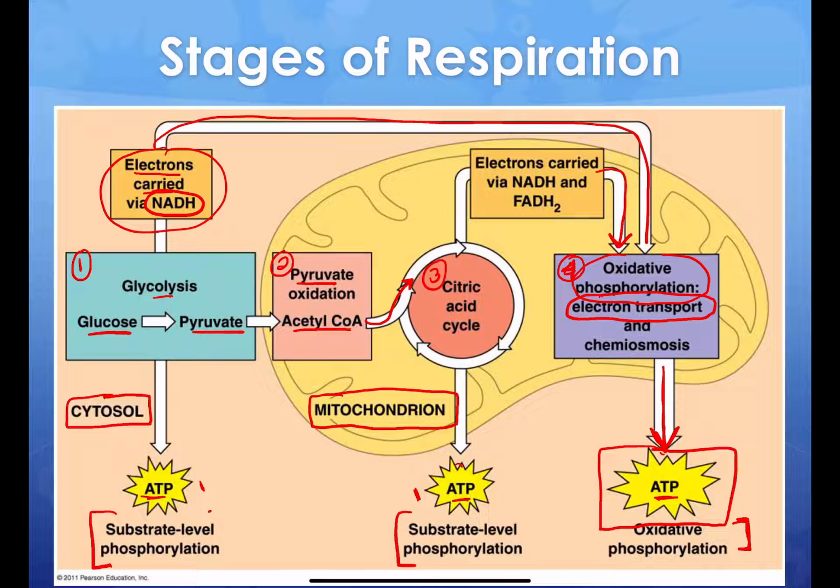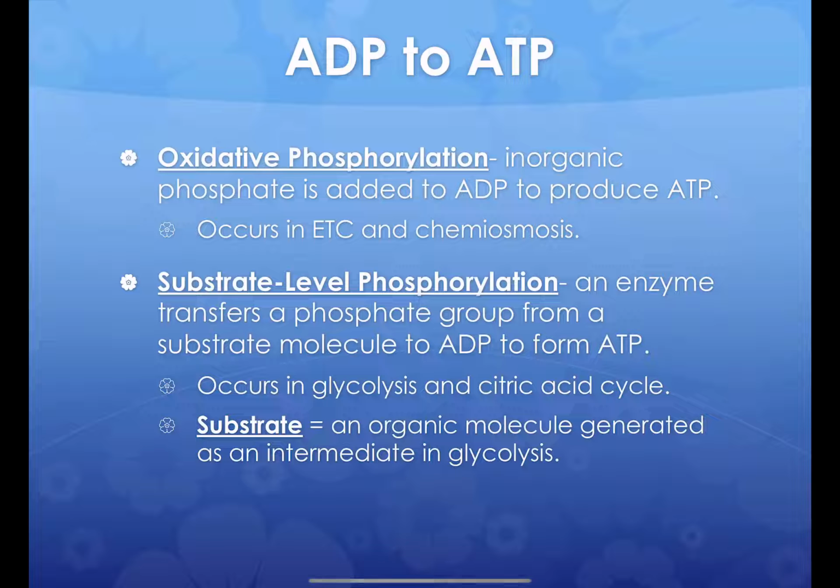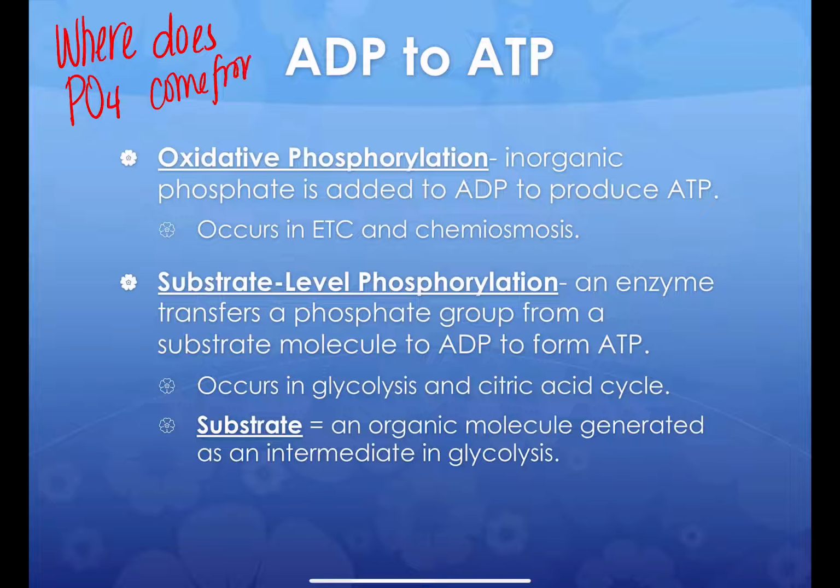Now, let's talk about substrate level phosphorylation and oxidative phosphorylation and what that means. The difference in these two is where the phosphate, PO4, you should remember from that functional group, comes from. Okay? And that's what makes it oxidative or substrate level.